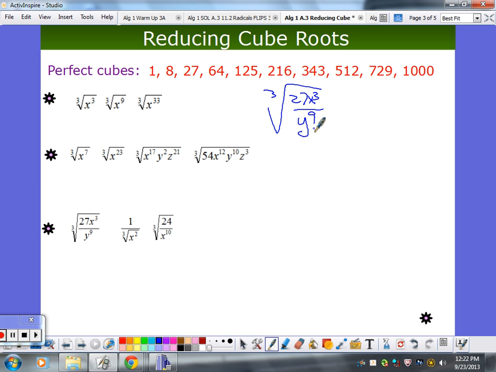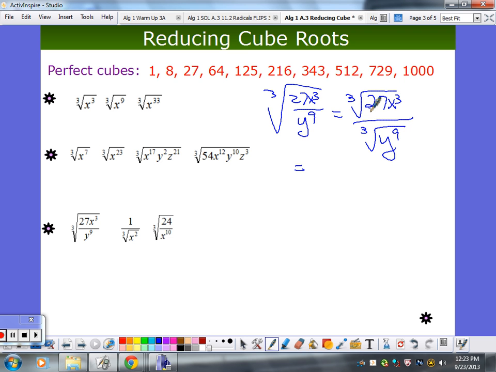Before I do that, there's one more step I want you to practice. I want you to separate them into 2 radicals, and then we can focus on this one, and then on that one.